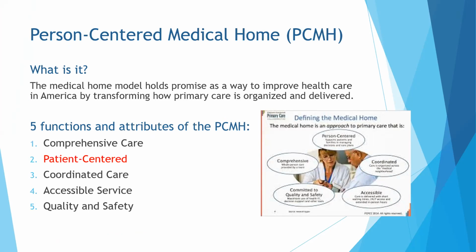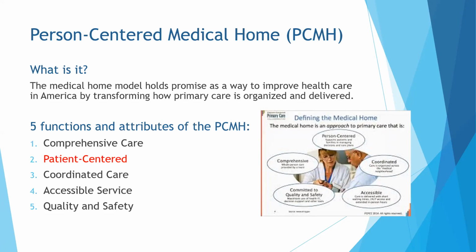Excellent. Okay. So there are supposed to be five functions and attributes of the patient-centered, person-centered medical home. One is comprehensive care. What we're going to focus more on today is patient-centered. Certainly coordinated care is something that is a struggle, I think, for us all often.